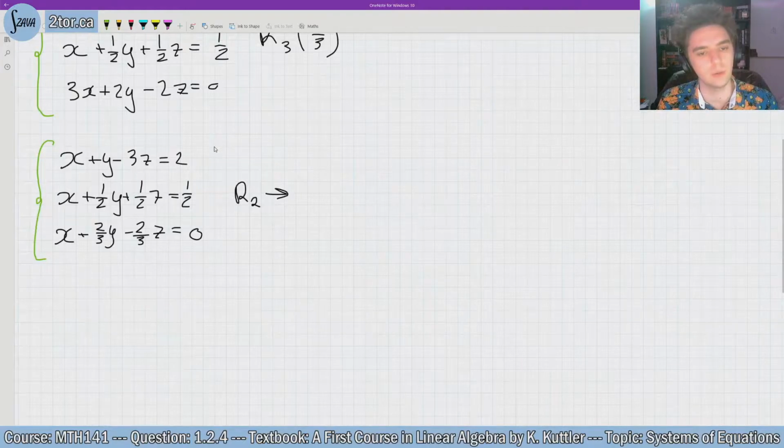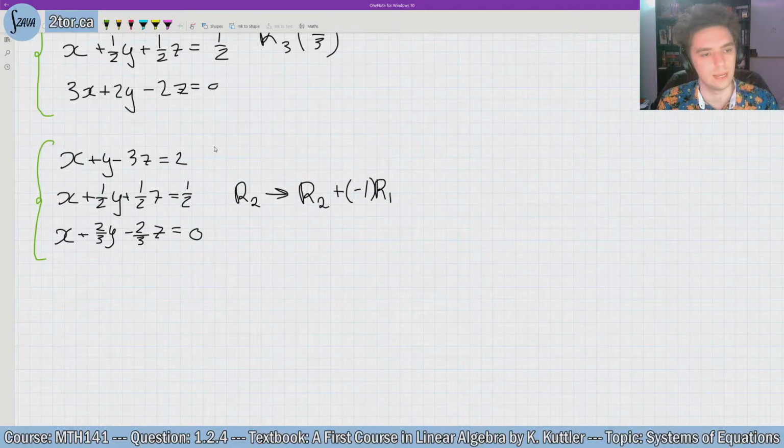So I'm allowed to take row 2 and replace it with itself added to a multiple of another equation. And there you have it. This is going to get rid of that x, because we're going to take row 2, which contains an x, and subtract 1 times r1, the same thing as minus r1, and subtract off x. x minus x is 0x. So you see that's what's going to happen here.